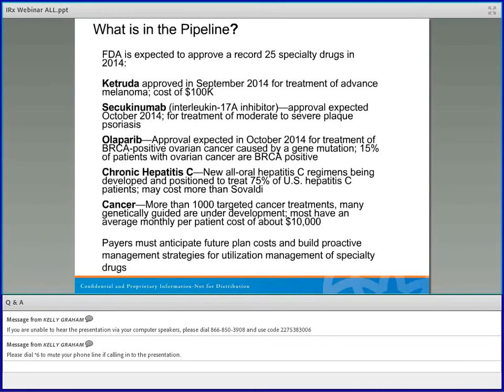Yeah, to follow up on what Greg said about your PBM being proactive, whether you're a small client through a coalition or TPA, or you're with a health plan, or you have a standalone contract, you really should ask them for these pipeline reports.